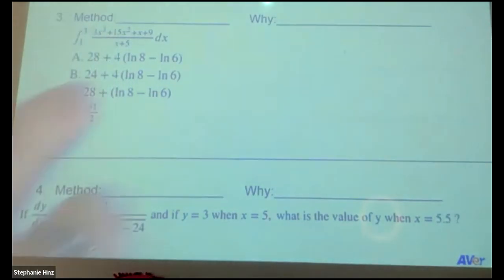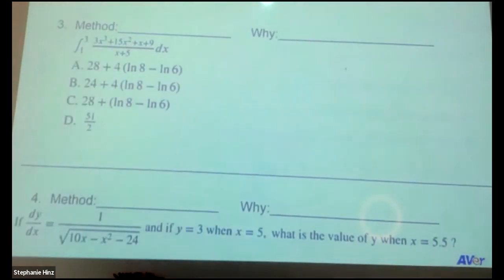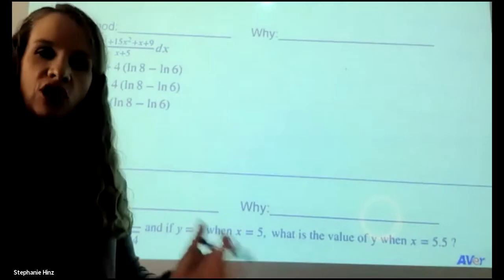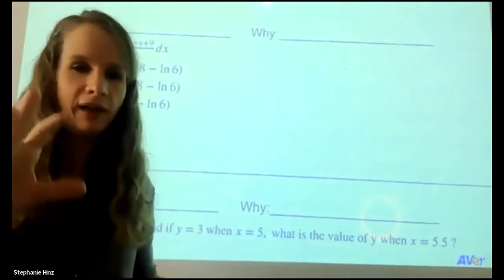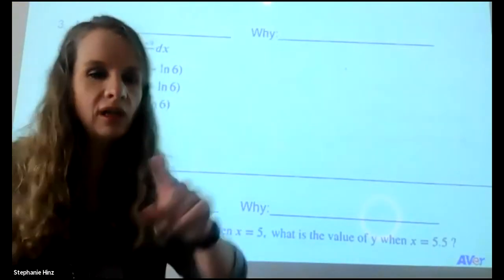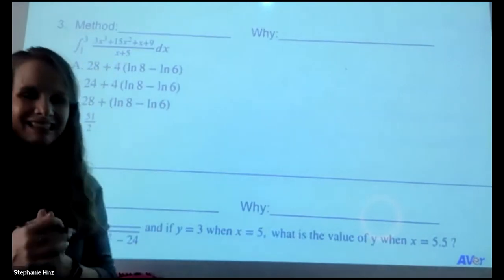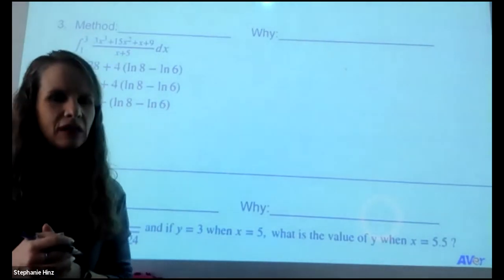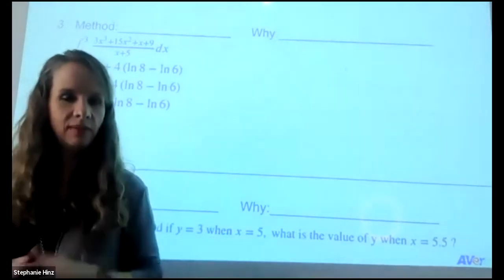All right, so if we did that, the higher power is cubic. When we take the derivative of a cubic power, your derivative is going to end up being quadratic. So I'm looking, do I have anything that's second degree? And I don't. Okay, so that doesn't work out so good. So we got to try something else. Well, I've got a polynomial divided by a polynomial.